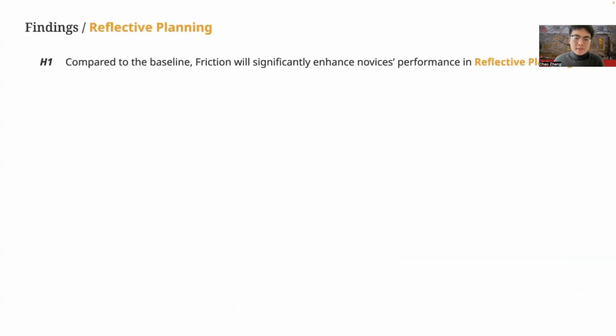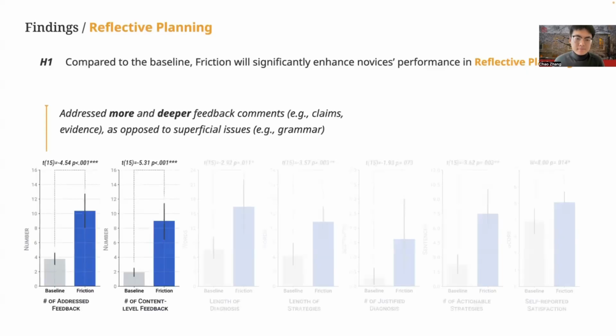We first found, compared to the baseline, Friction significantly enhances novice's performance in reflective planning. For example, participants with our system addressed more and deeper feedback comments, such as claims or evidence, as opposed to superficial issues, such as grammar.